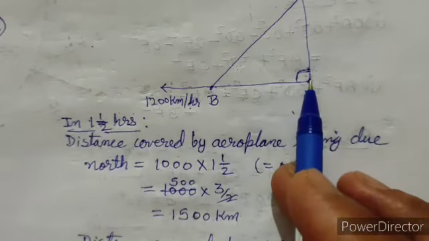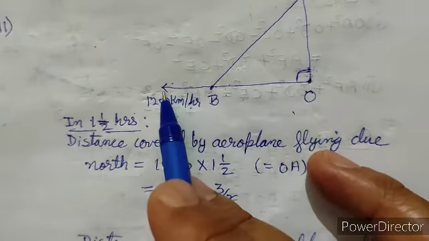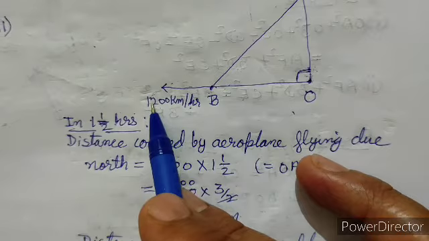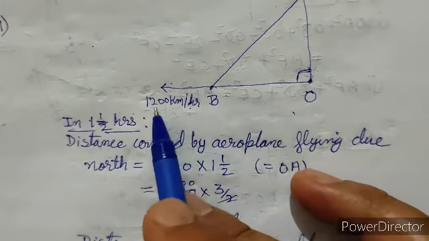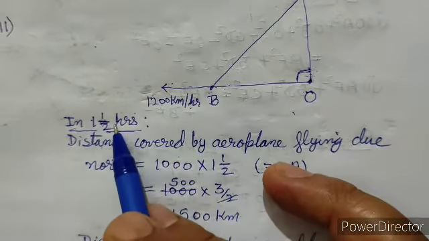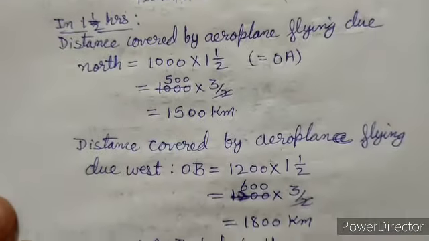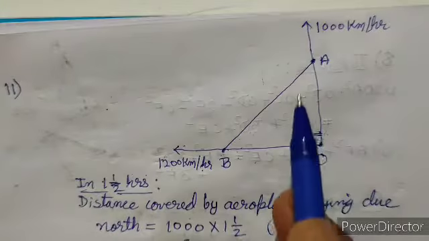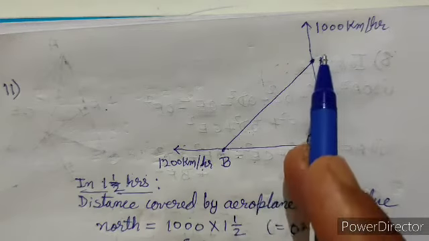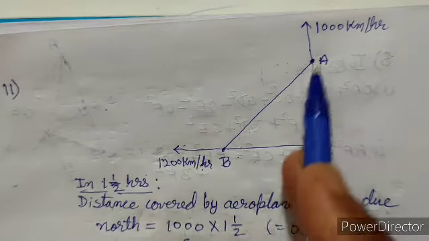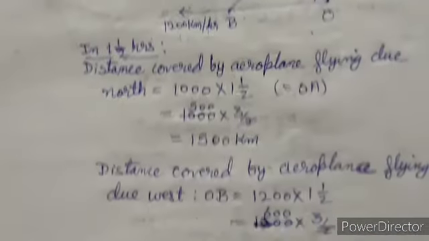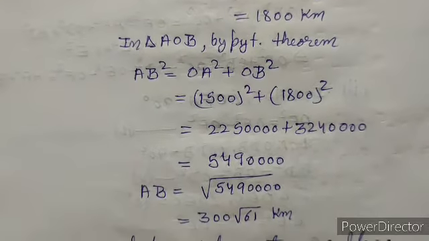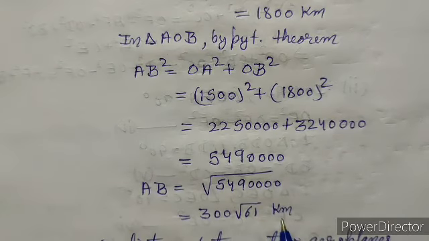Similarly, the distance covered by the plane flying due west will be OB, and that will be equal to 1200 into 1.5 hours, and that is equal to 1800 km. Now we have to find the distance between the two aeroplanes. So in triangle AOB we can apply Pythagoras theorem to find AB, and that will be equal to 300 root 61 km.